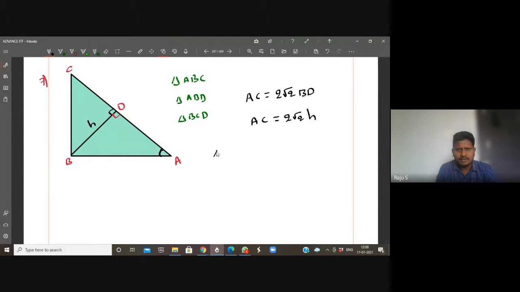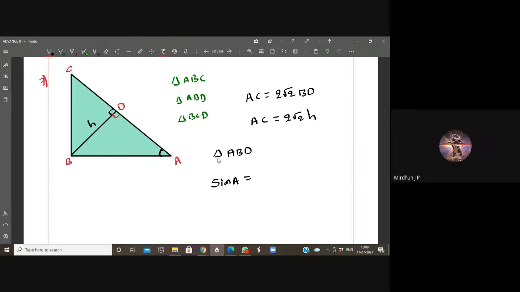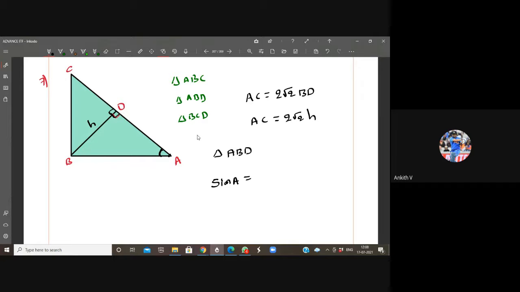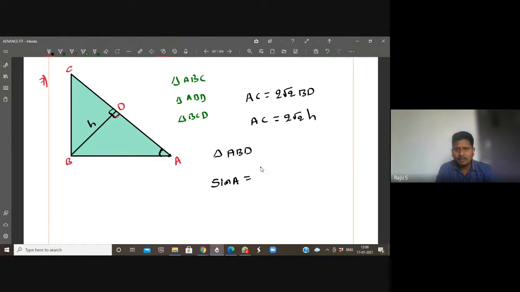I'm going to take the triangle ABD. What is sin A? When I take ABD, what is the hypotenuse? AB. Yeah, AB is the hypotenuse. Am I right? Shall I write sin A is equal to H by AB?